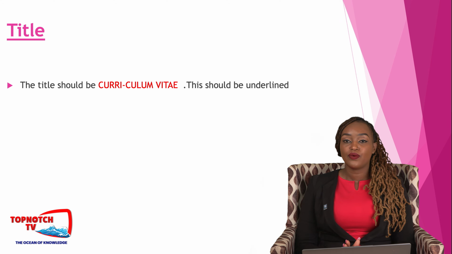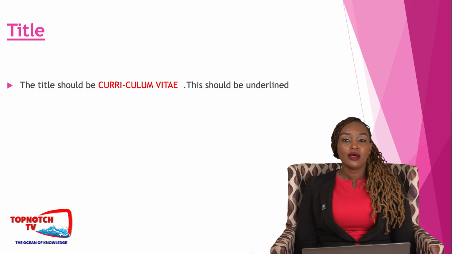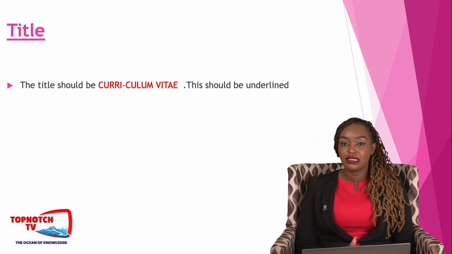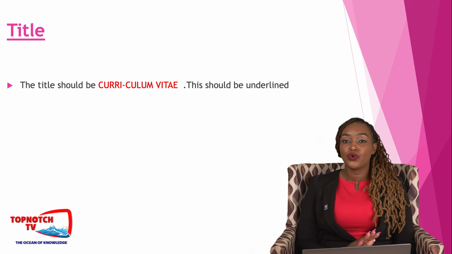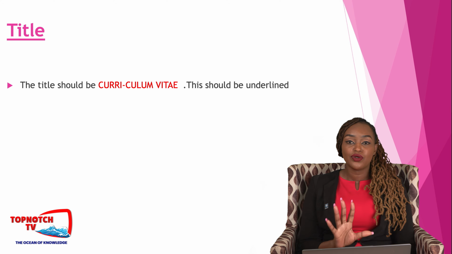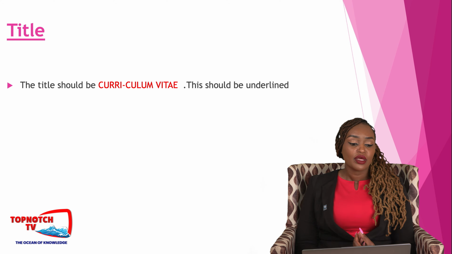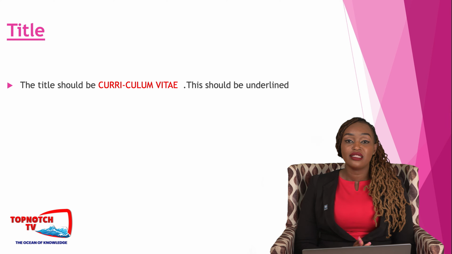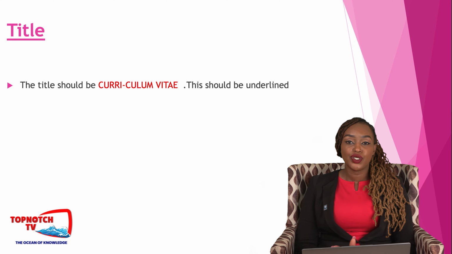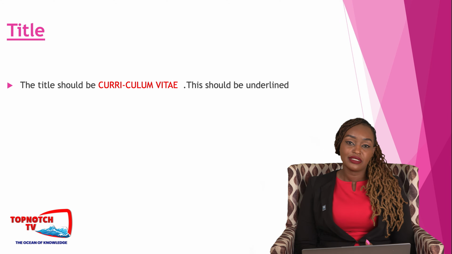People write CVs when applying for jobs, and sometimes even when you apply for higher learning, when you want to join a university, or when you want to go to a certain institution abroad, sometimes they send you an online document that is in a CV form, and this is where you fill in all the information. For purposes of the exam, we shall be looking at the format that we use in our syllabus.